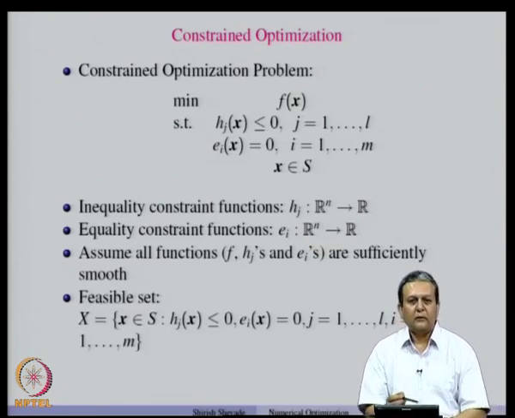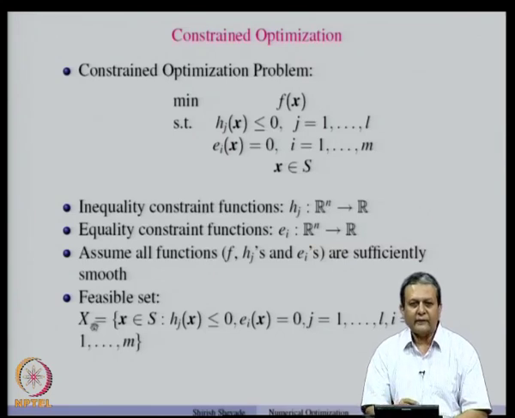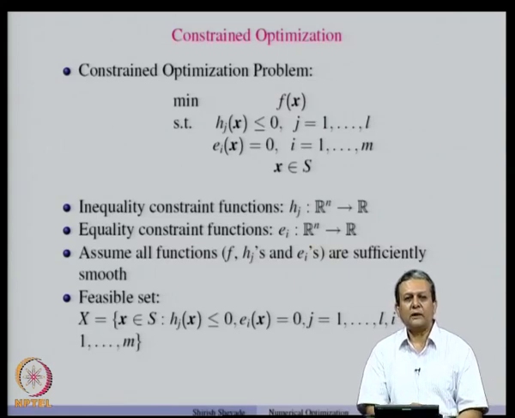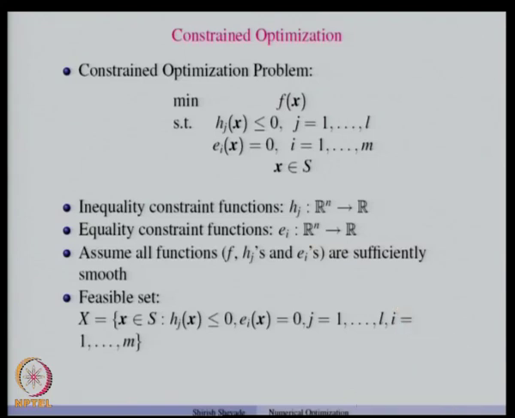Now, the feasible set X is basically the set of points in the set S which satisfy the constraints Hj(x) less than or equal to 0 and Ei(x) equal to 0 for all j going from 1 to L and i going from 1 to M. So, this is going to be the feasible set of our constrained optimization problem.